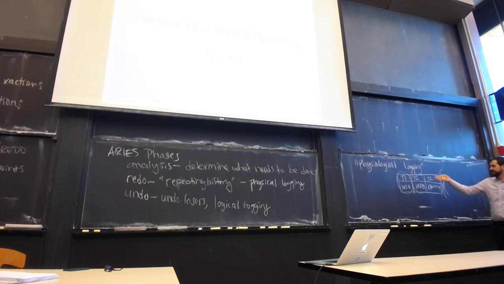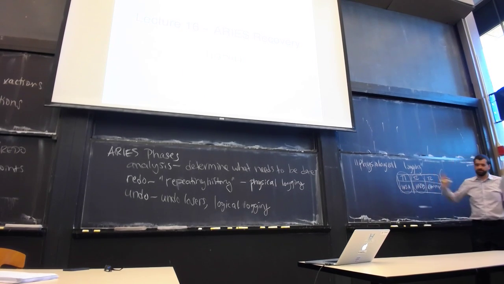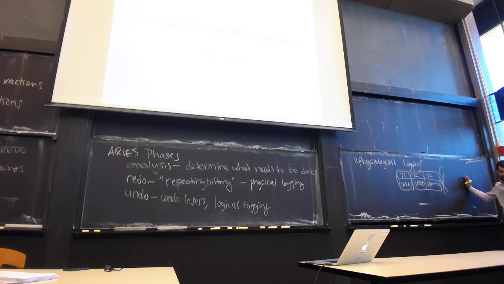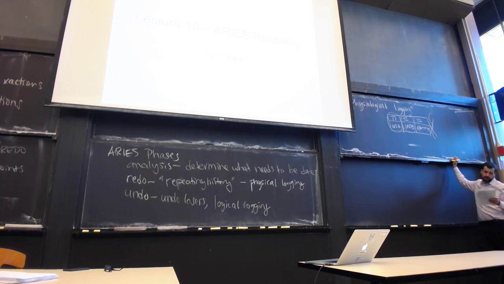And because we're going to have a specific set of rules that tells us whether a physical operation has already been reflected in the disk or not. We'll see that when we're talking about how redo works. So redo will only reapply changes in exactly the order in which they were originally made, so we don't have to worry about this kind of issue we have with logical undo, or undo in general.